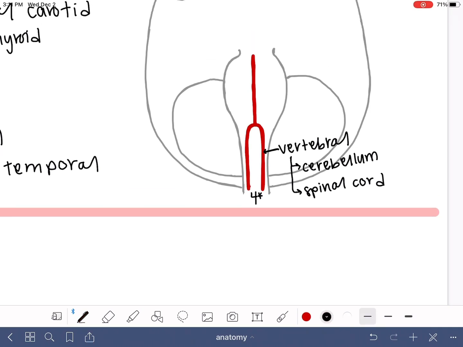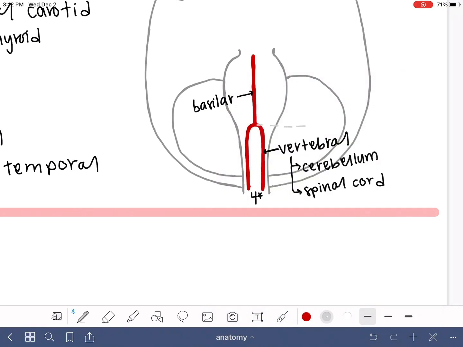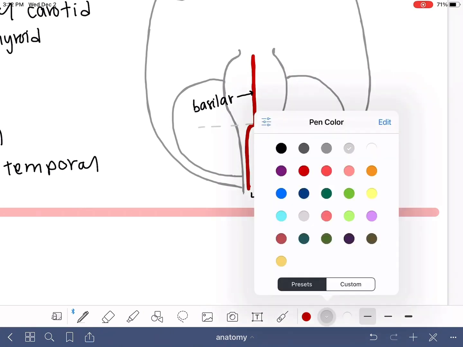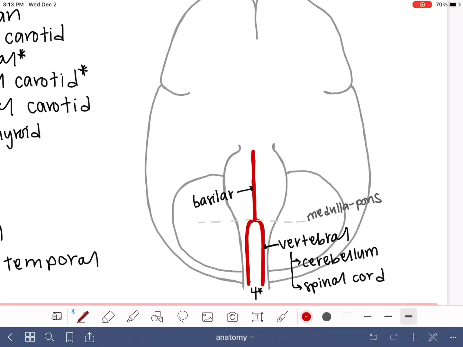They merge here at the junction, like where the pons and the medulla come together, and they form this one bigger artery called the basilar artery. And then this splits up into different arteries, and these all supply the cerebrum with blood.